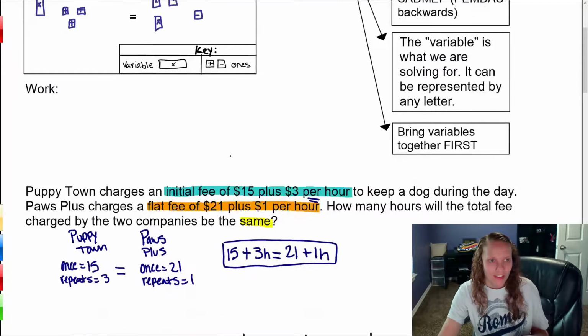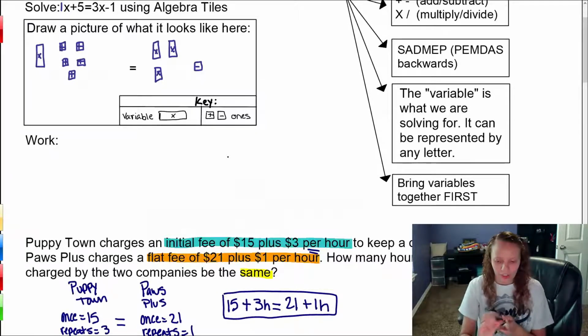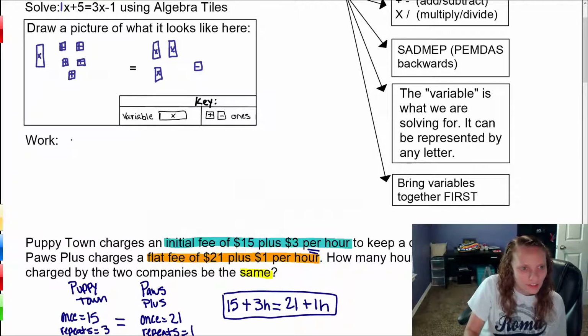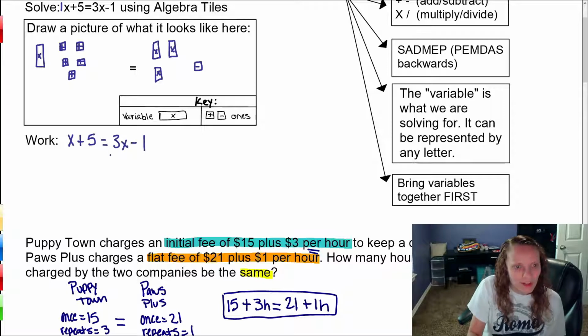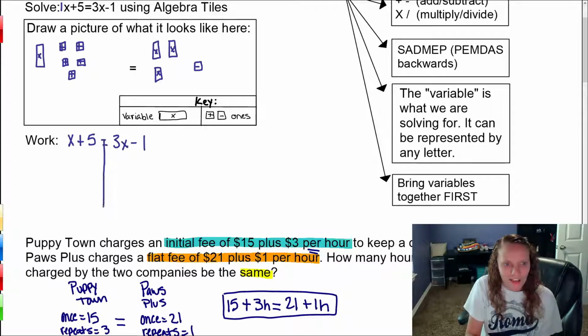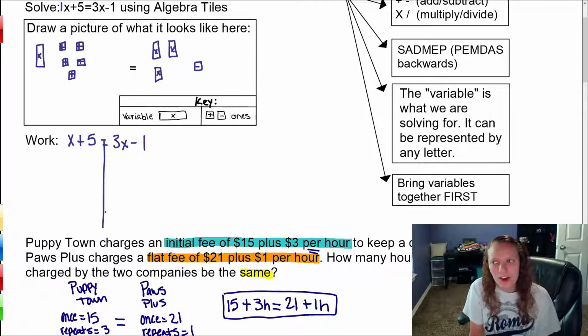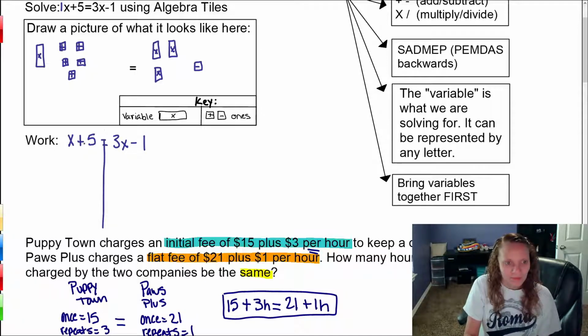So let's try this equation with actually working it out. X plus 5 equals 3x minus 1. And I'm going to draw a line at the equal sign. That helps me out to know whatever I do to one side, I have to do to the other side.